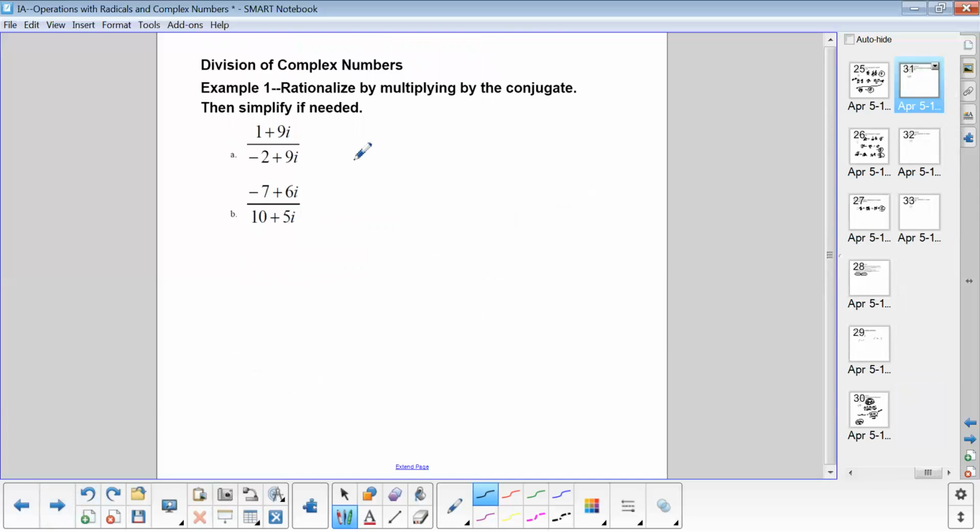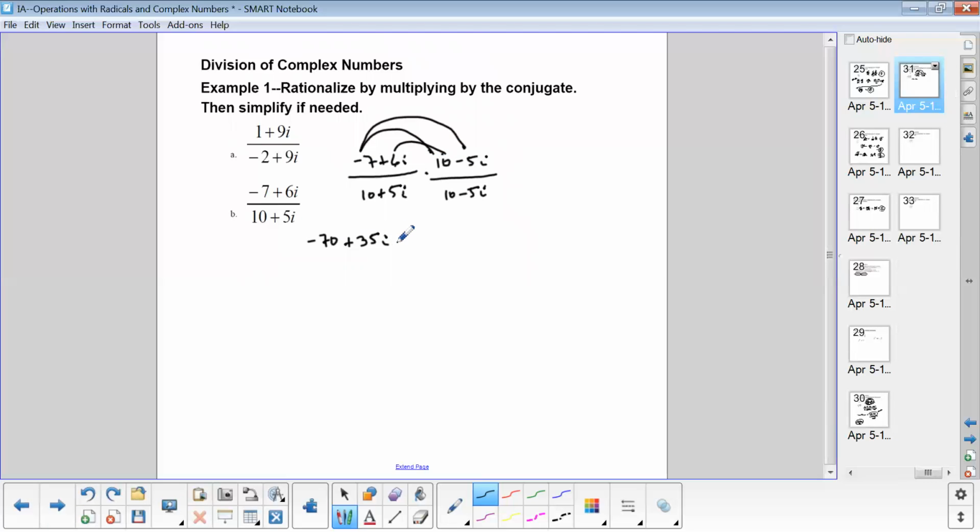Second, let's take the -7 plus 6i divided by 10 plus 5i. Okay, I don't need i to be in the denominator, so I'm going to multiply by the conjugate, which will be 10 minus 5i and 10 minus 5i. So I'm going to distribute, so that'll be -70. That'll be a positive 35i.